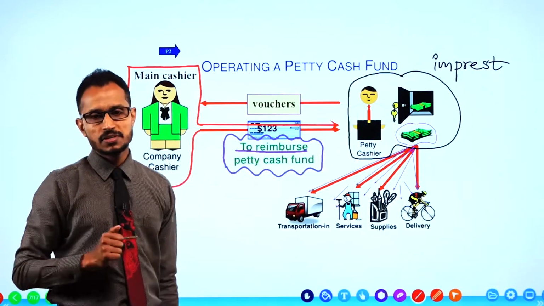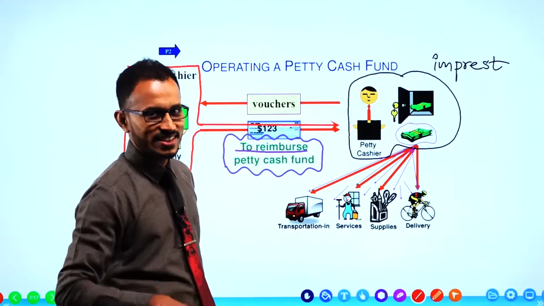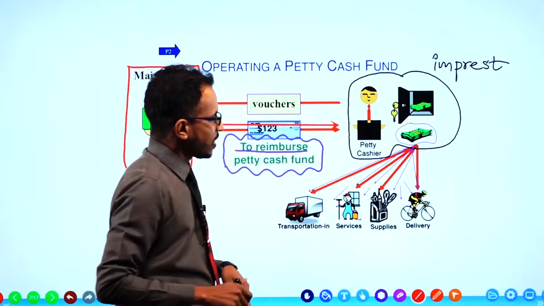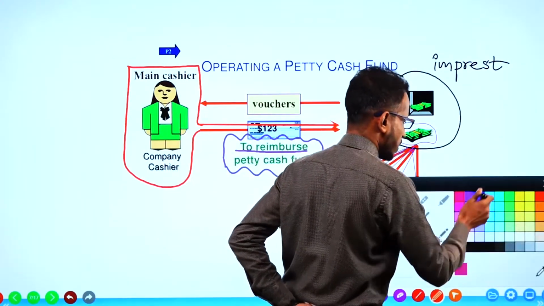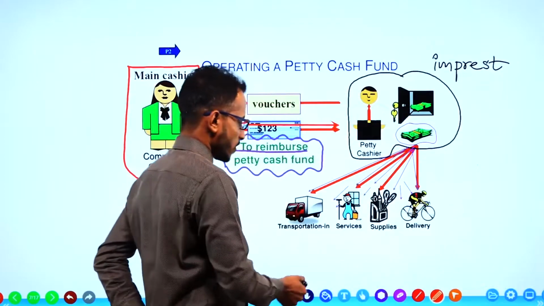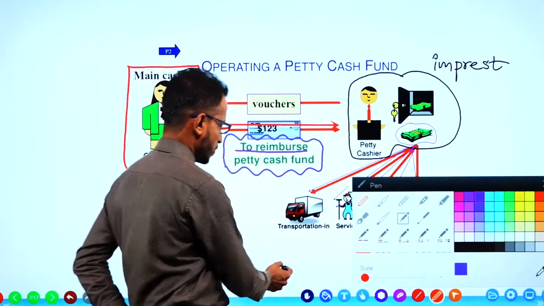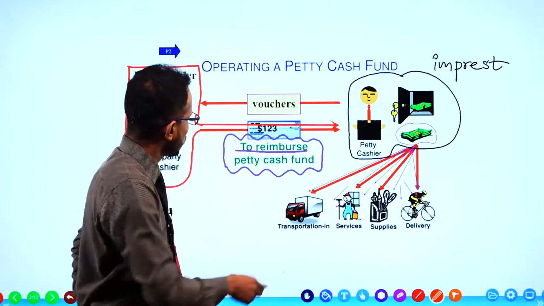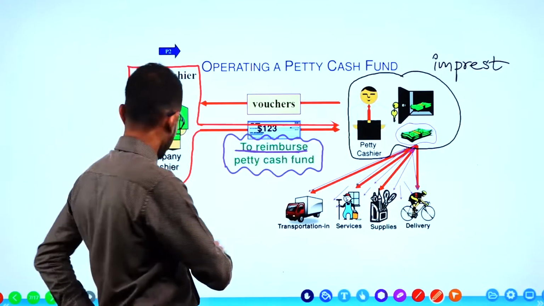That is called reimbursement. Got it or not? I hope you got it, children. Not so very hard to understand, right? That is called the petty cash reimbursement.